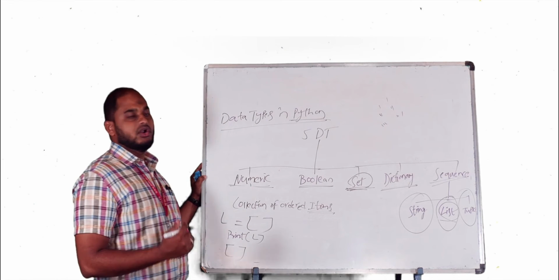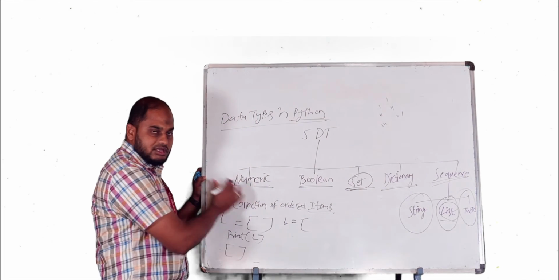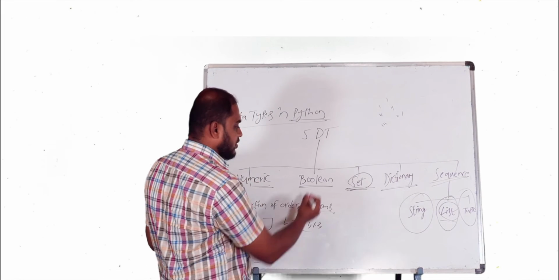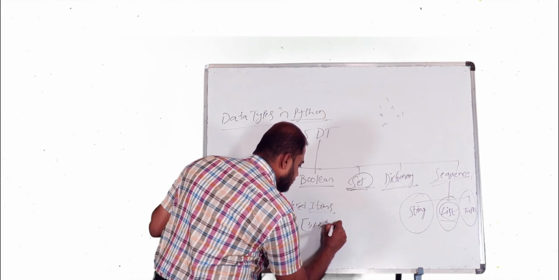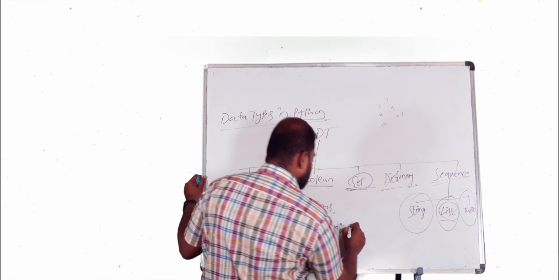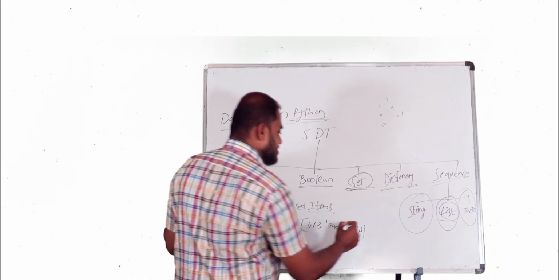For example, if you want to create a list, you can write L is equals to, within square brackets, some numerics: 1, comma, 1.2, comma, a boolean, True, then a set, 1, comma, 2, comma, 3, and then you can use strings also.